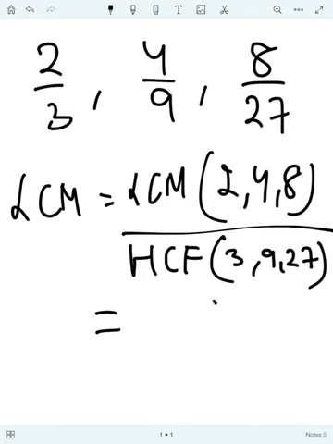So now you can see the LCM of 2, 4, 8 will be 8 and for the HCF of 3, 9, 27, the highest common factor is 3, so 8 by 3. So the HCF was 2 by 27 and the LCM has come out to be 8 by 3. This is how you have to find the HCF and LCM of fractions.